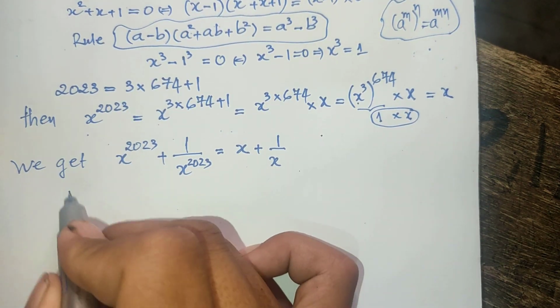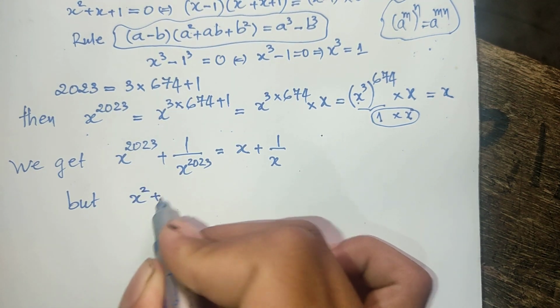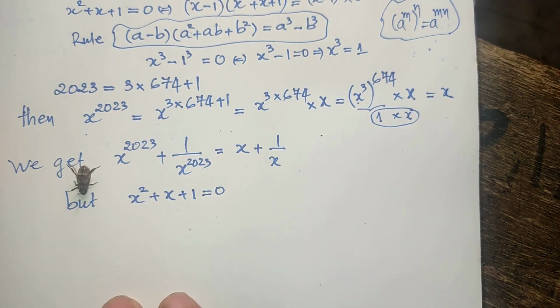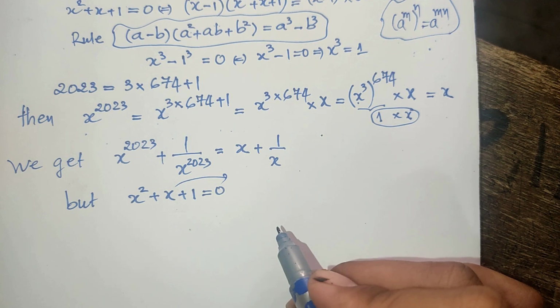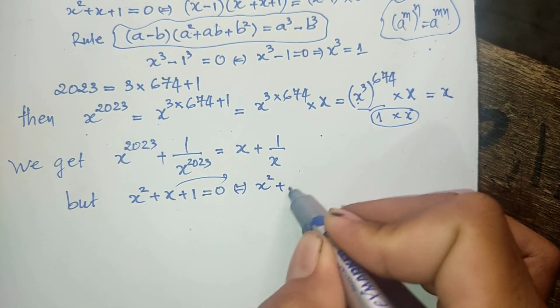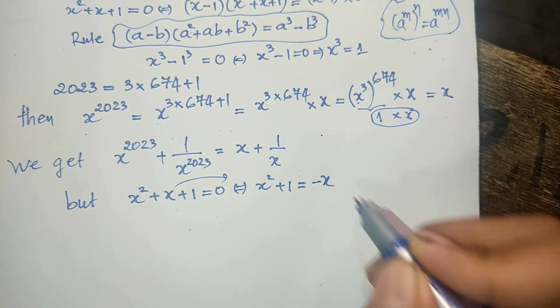But we know that x squared plus x plus 1 equals 0. And so I move x from the left hand side to the right hand side, and I get x squared plus 1 is equal to minus x.